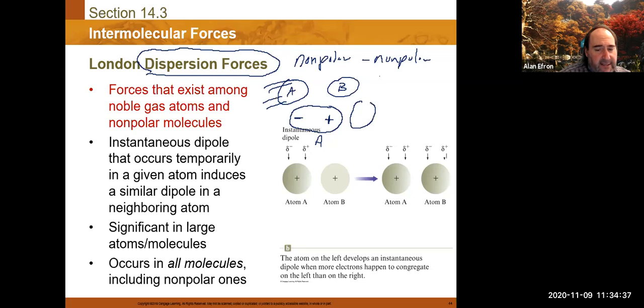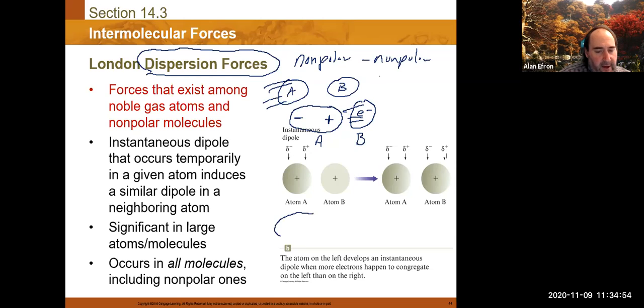And if it's sitting next to molecule B, which normally doesn't have a charge either, once we have all this positive charge on the A, the electrons in this guy are going to decide, hey, I'm attracted. And all the electrons in B will head to the left-hand side.